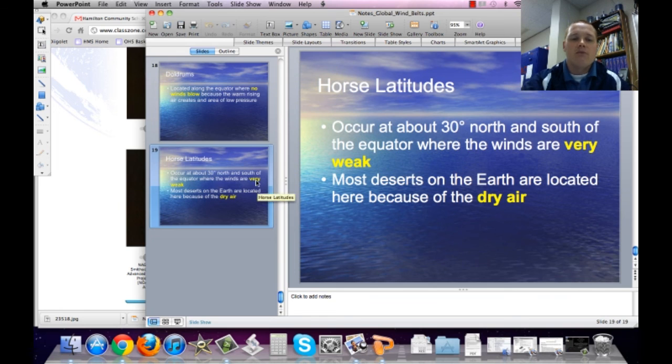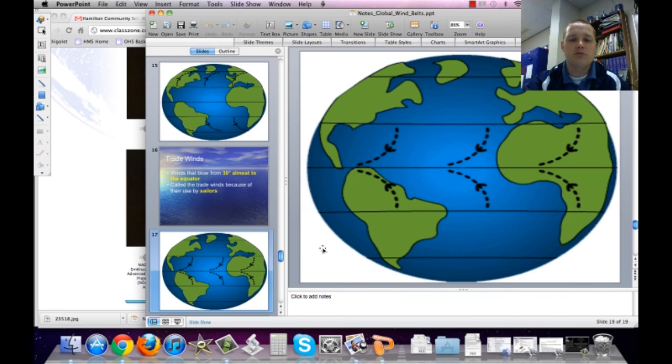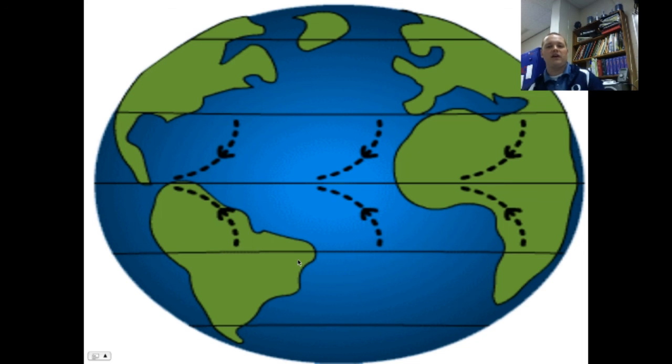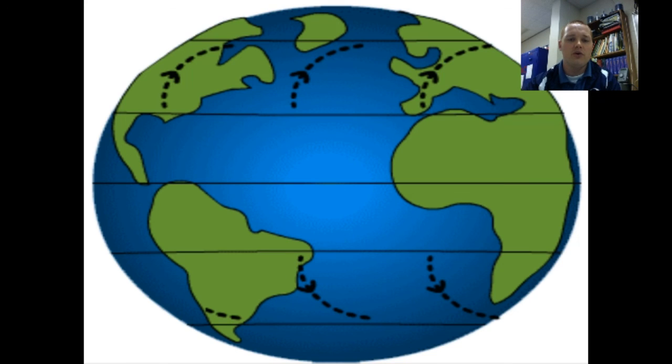All right, now let me go back here and talk just briefly about these pictures and the direction in which wind moves. You've seen diagrams, as we were going through the notes, that show these locations on this global map, showing the direction in which air flows, moving away from the equator or towards the equator, depending on the diagram.